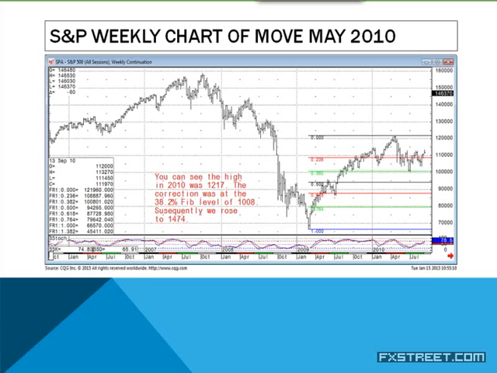Now, in something like this, I know this is a weekly chart because obviously this is a bit more long term, but in a strong uptrend, you do not expect the market to move below the 38.2 fib level. So you're looking first at the 23.6. If it breaks that, you look straight away for the 38.2.